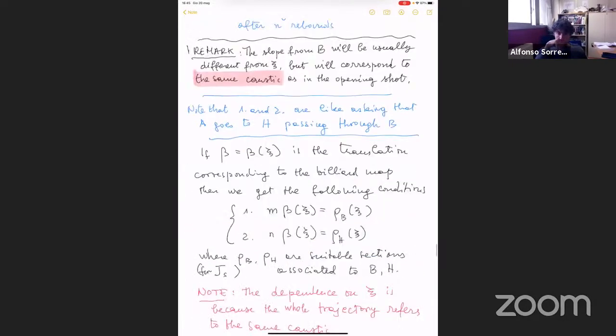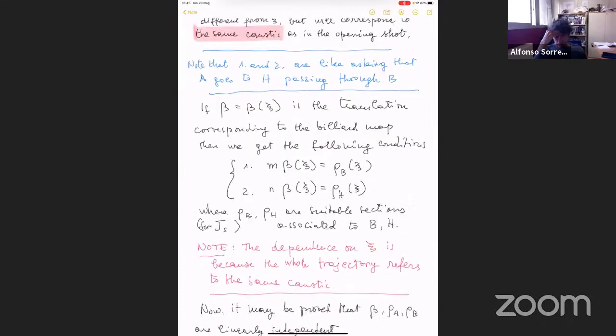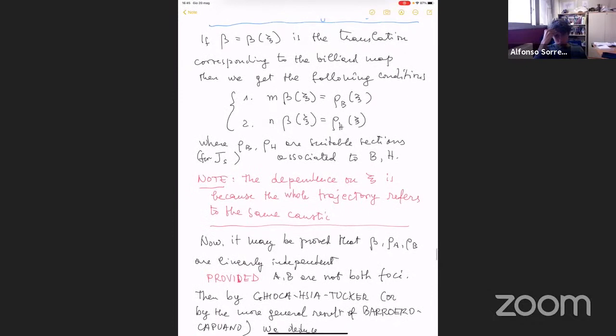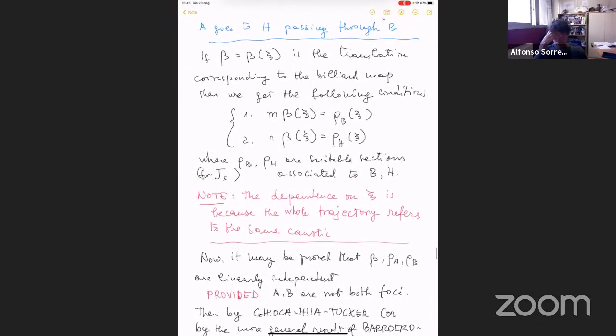So let us formulate this condition in terms of the billiard map, and you may see it in the two displayed equations.